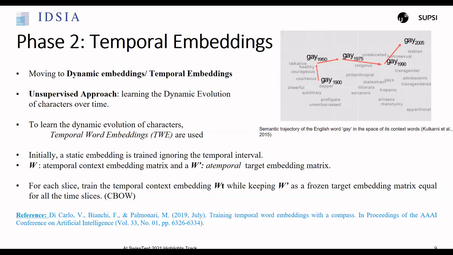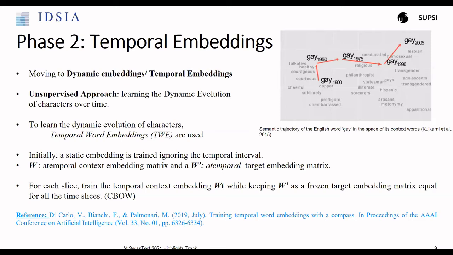Initially, a static embedding is trained by ignoring the time interval. So we have a temporal context embedding matrix and a temporal target embedding matrix. Now, for each time slice, we train the temporal context embedding matrix, but we freeze the target embedding matrix, which is considered as the corpus or reference.